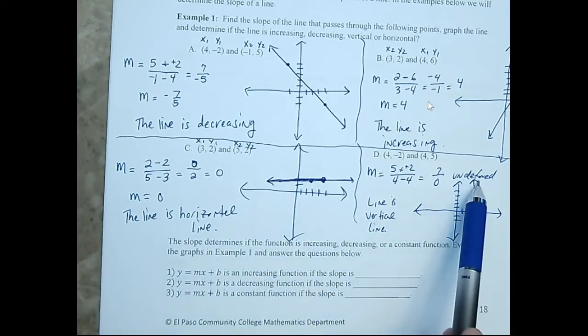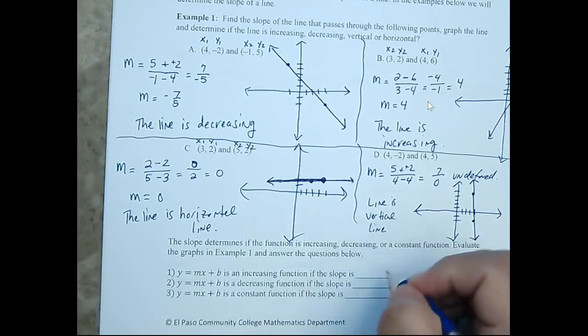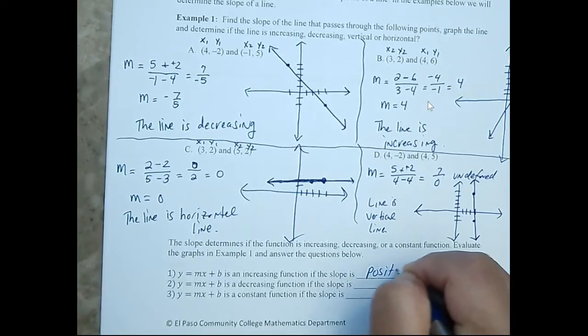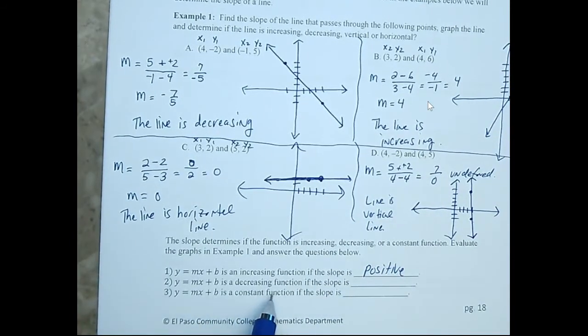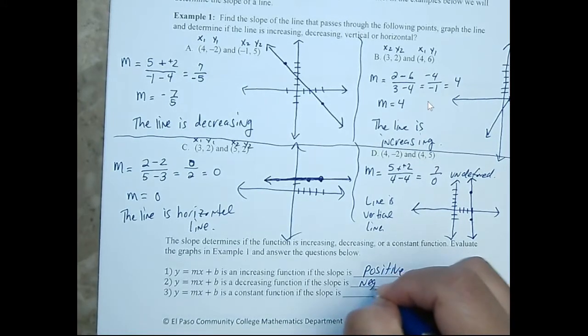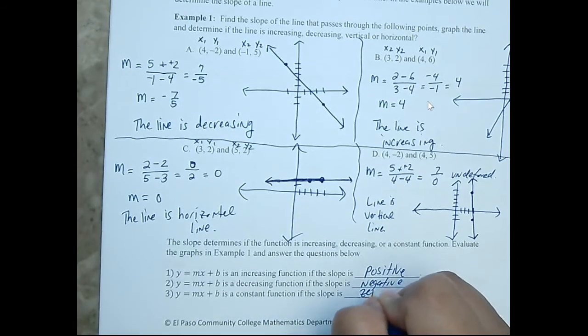If you have an undefined slope, then it's a vertical line. So y equals mx plus b is an increasing function if the slope is positive, a decreasing function if the slope is negative, and a constant function if the slope is 0.